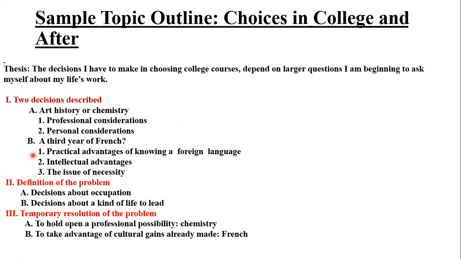Clear? And practical advantages of knowing a foreign language, intellectual advantages, the thesis of necessity. For example, if this point, intellectual advantage, could be further divided, then we could apply small a and b to divide into further sections.